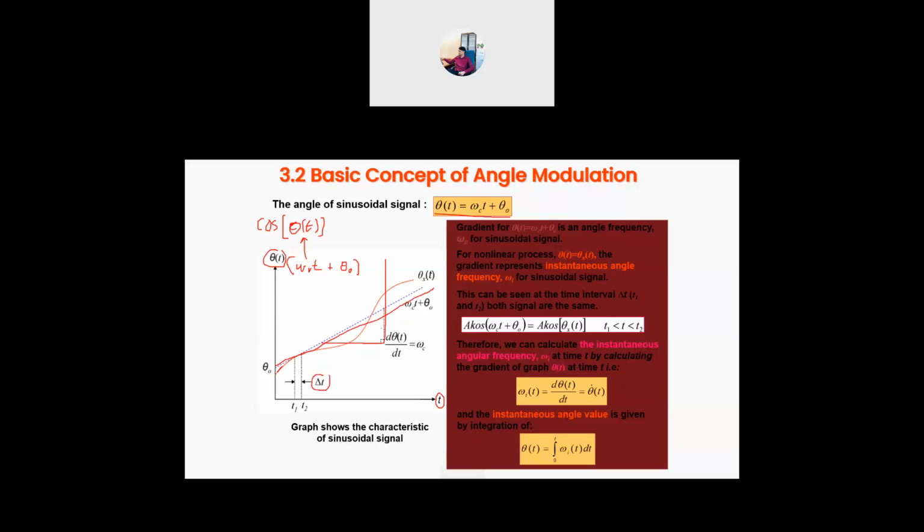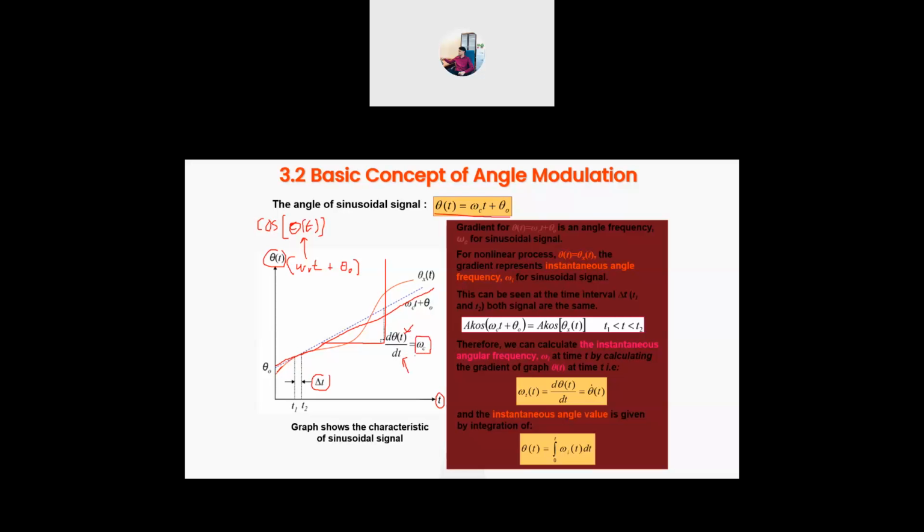You know how to measure the gradient: the difference in y over the difference in t, dθ over dt. You are going to get ωc.